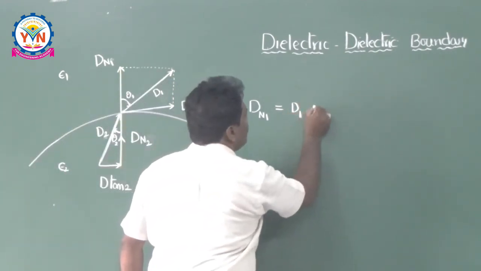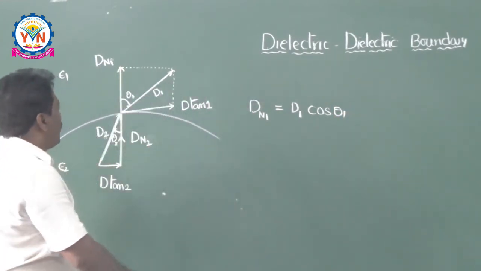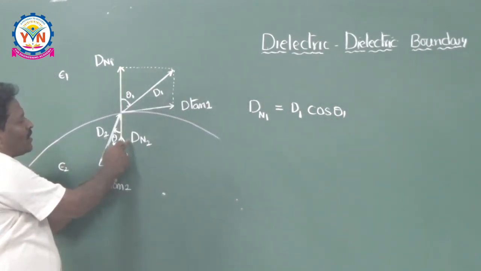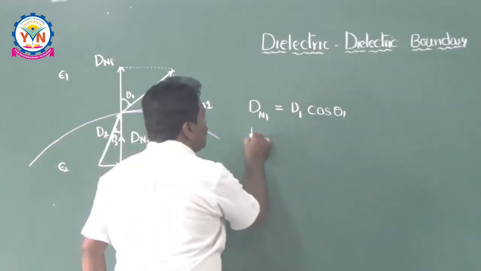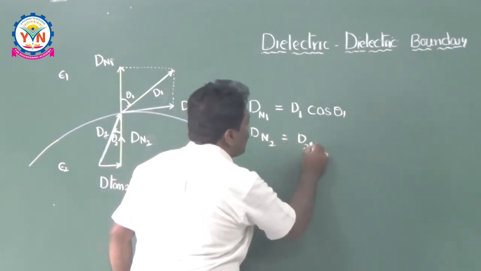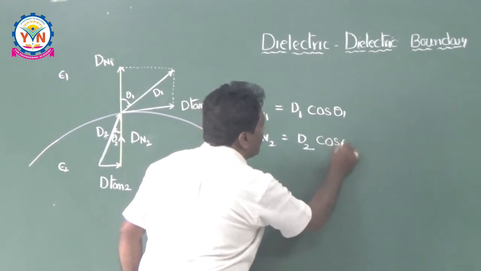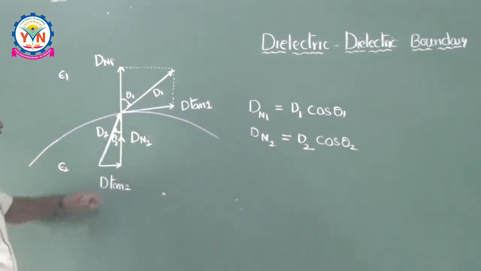And what is Dn2? Dn2 means the normal component in the second medium, making an angle θ2. So Dn2 is equal to D2 cos θ2.